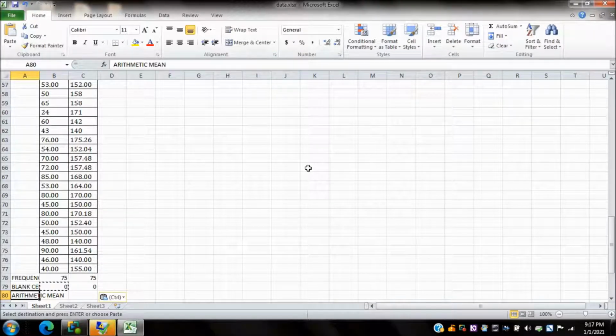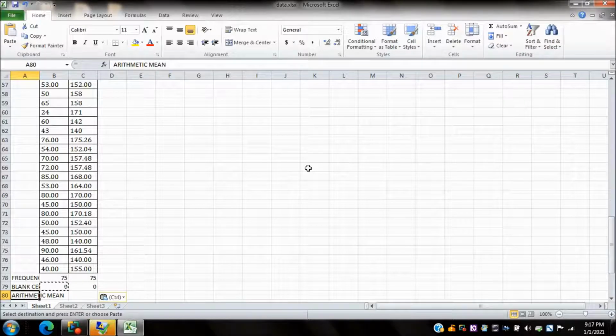Now, by definition, this is found by finding the sum of the data and dividing it by the frequency. So in this case, we add all the data under weight and we divide by 75 since the frequency is 75. But Excel has a quicker way of doing it, and it's by using the AVERAGE function.